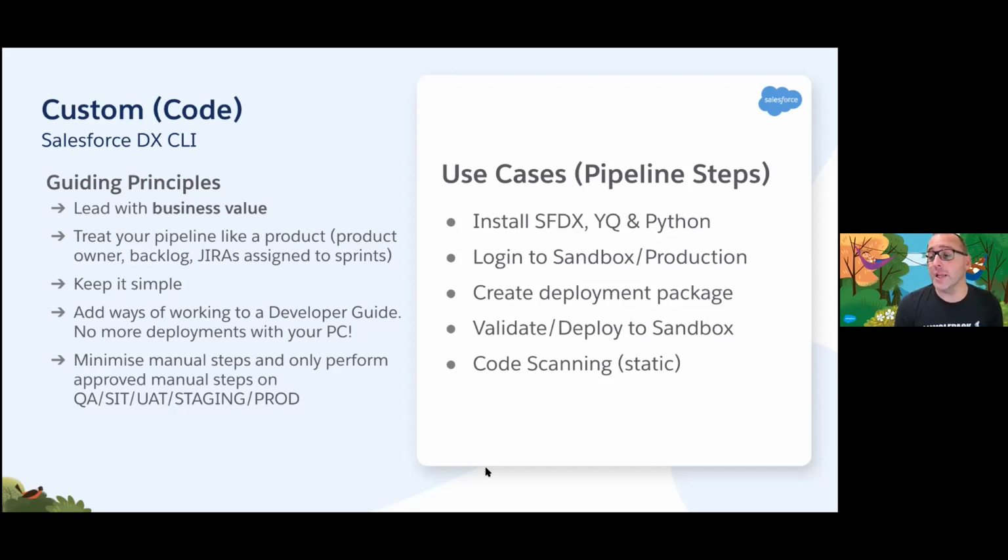And also minimize manual steps. We all know what manual steps are. Maybe you have to assign some permission sets to users or load some config data. That's a manual step. Minimize your manual steps. I see too often someone clicking a button on a permission set or profile. You've got to check that in.